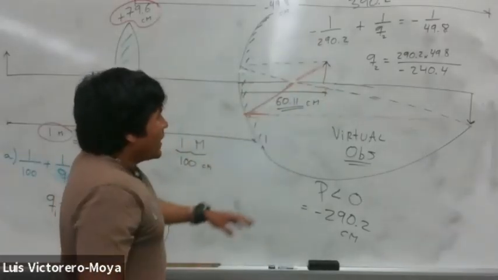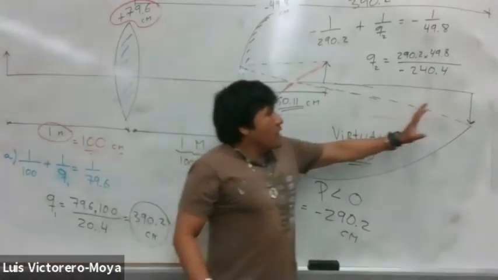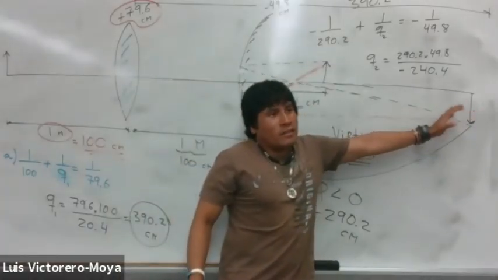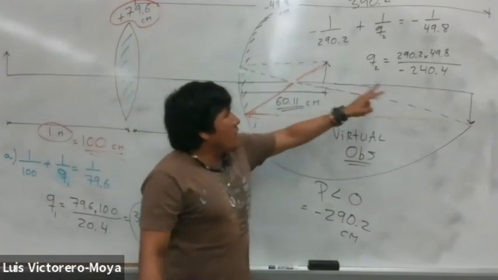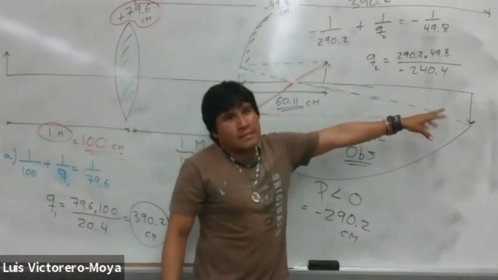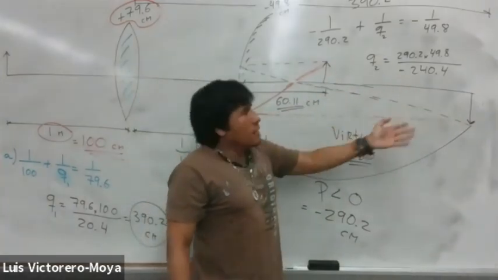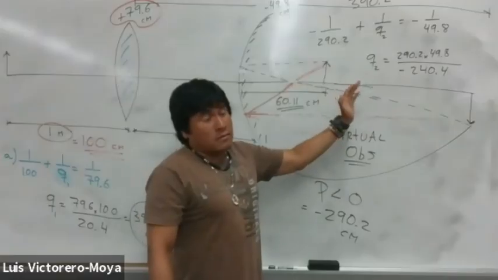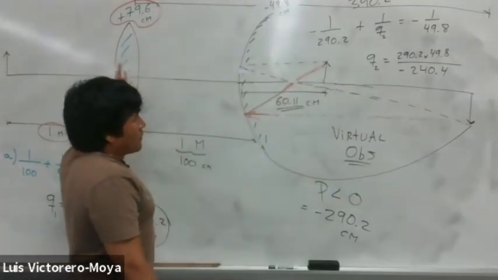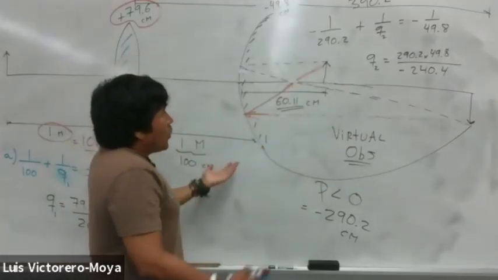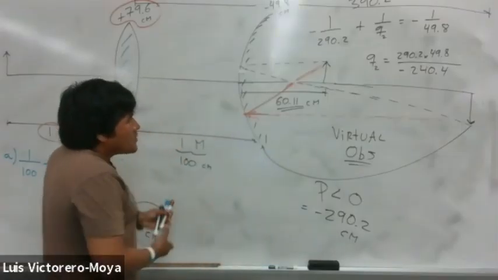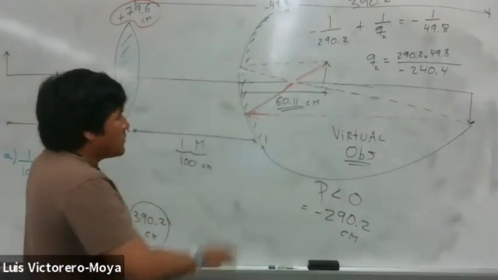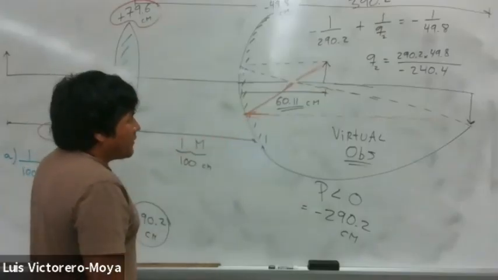If you think about it, this will be the virtual object behaving like a concave. So this is the virtual image of that virtual object. It's still behind the mirror. This is in front of the mirror. This is the real side. So that's where I got stuck. And the professor was so mean that we got all 0 points because we got stuck in that.